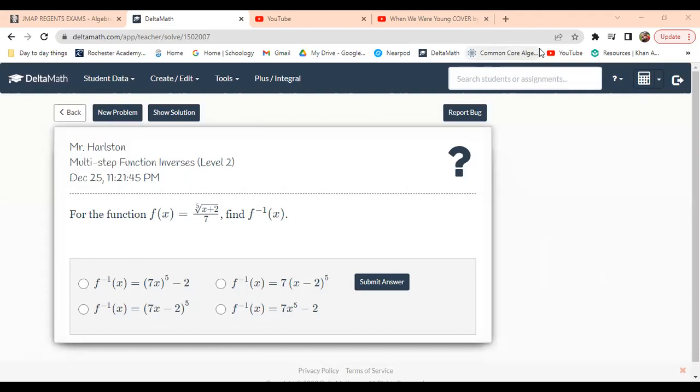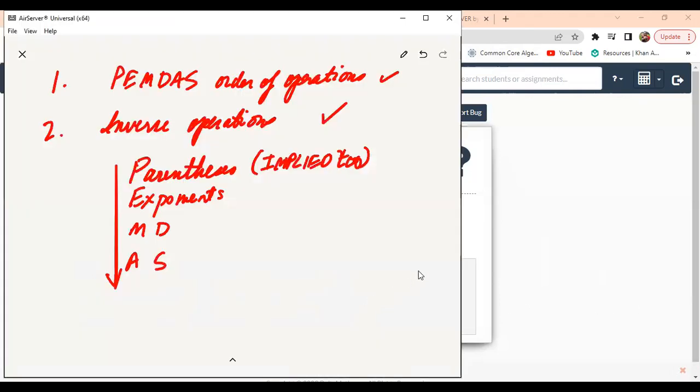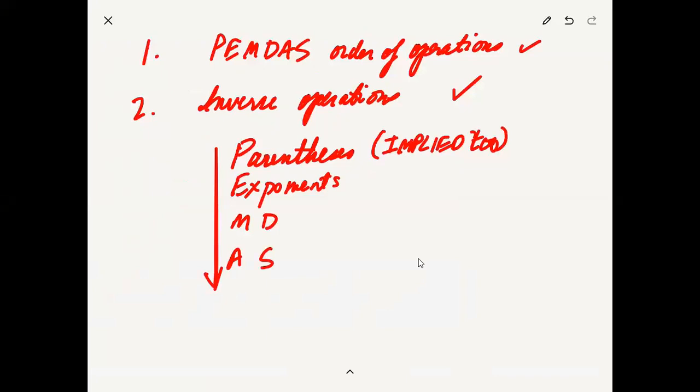There's two basic things that you need, in my opinion, in order to be able to do inverse functions easily. One is you need to know your order of operations, PEMDAS.